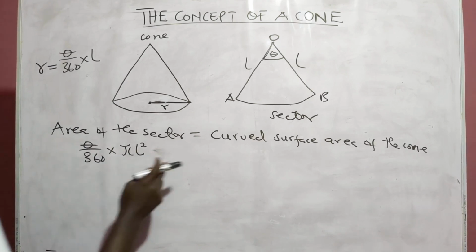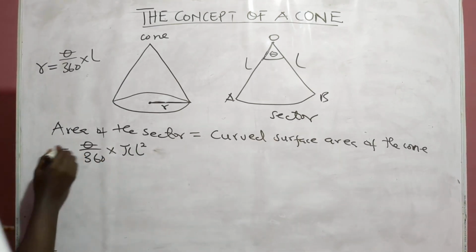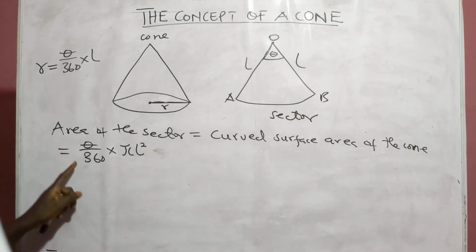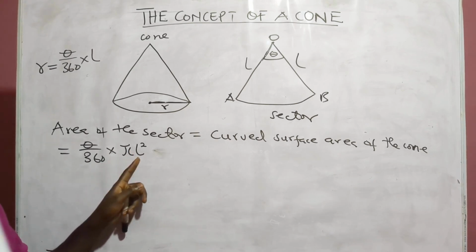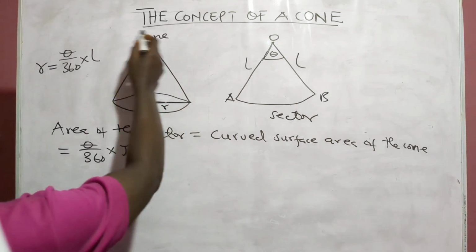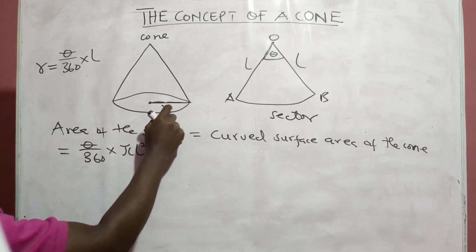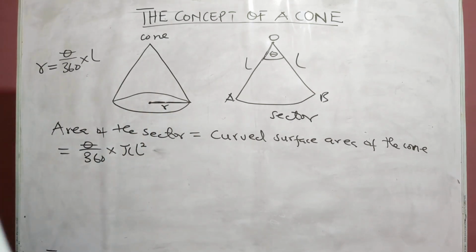So the curved surface area of the cone is theta over 360 times pi L square. But you realize that with the cone, we have to use the radius of the cone here, so that in short we can get a simple formula for the curved surface area of the cone.